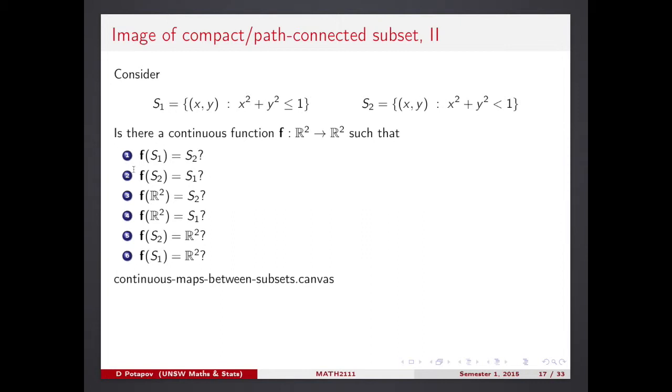So here there are six different combinations: whether we can come up with a continuous function which takes S1 to S2, whether we can come up with a continuous one which takes S2 to S1, the whole plane R2 into S2. All of these combinations are addressed.